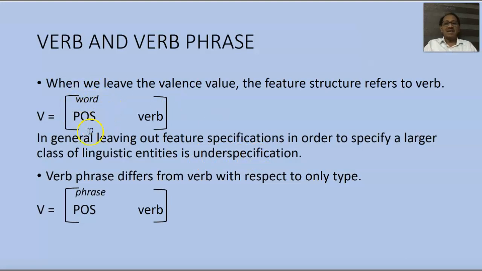Right? Then what is the verb phrase? Verb phrase has the feature parts of speech, and its value also is a verb, but the only thing is it's a different type. So verb phrase is another type. So you have verb is of the type word, verb phrase is of the type phrase, but both of them share the same feature and same feature value.